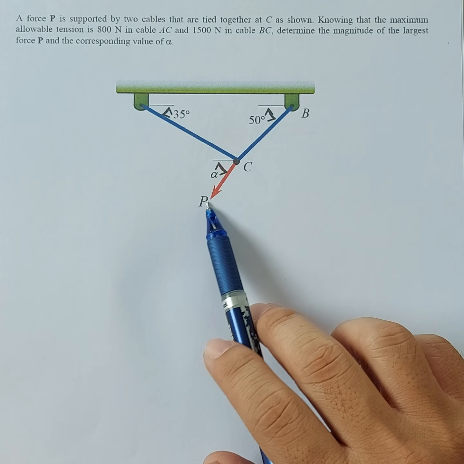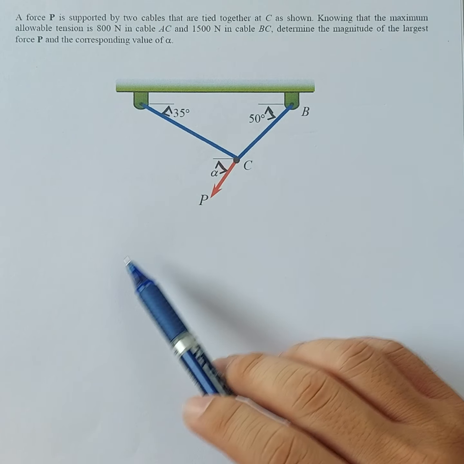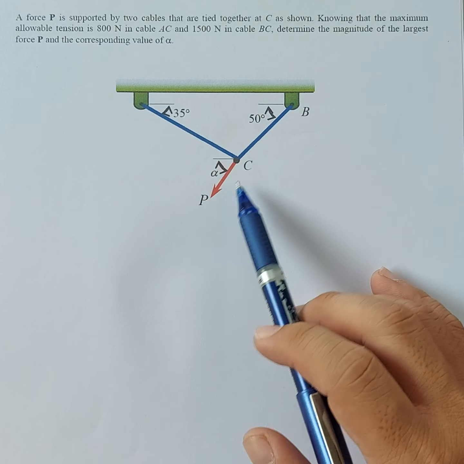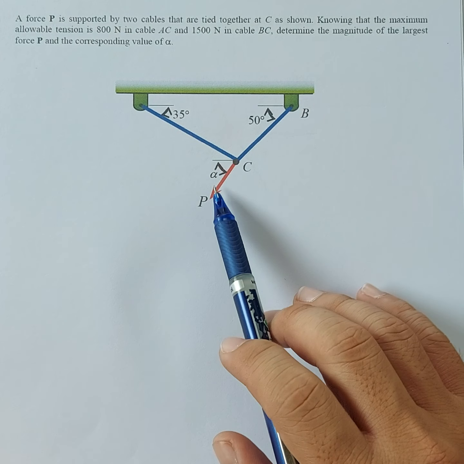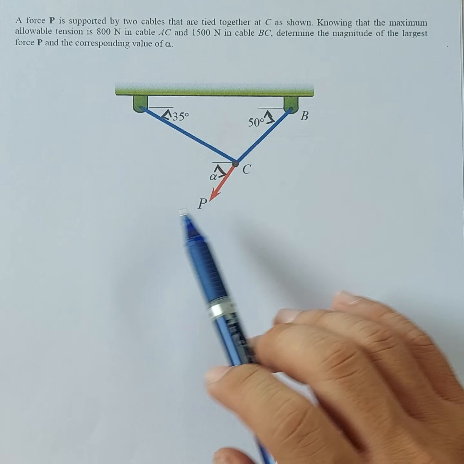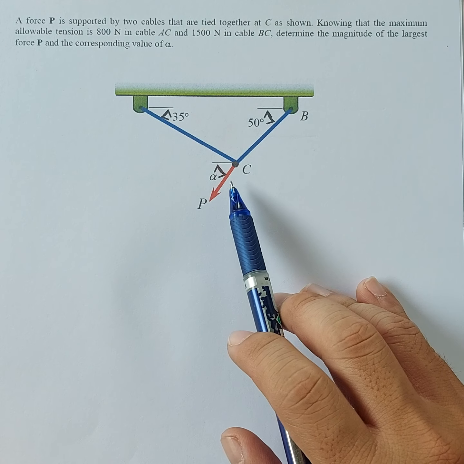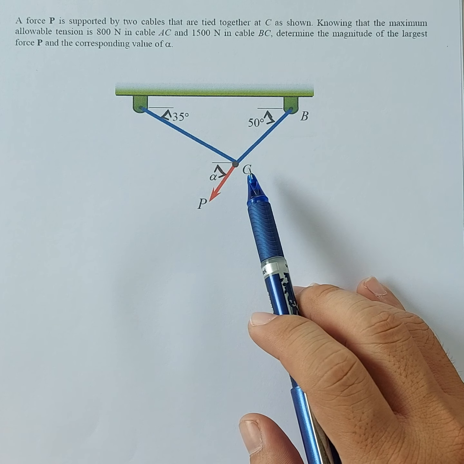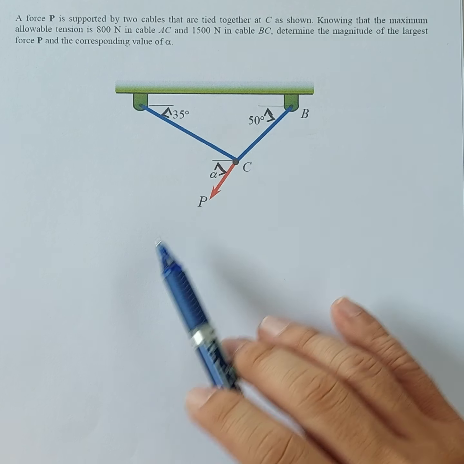So meron tayo, P might be weight something or another. So P is supported by these two cables. So P might be a body that has a weight P, or parang ganun na na-represent lang siya as a force.